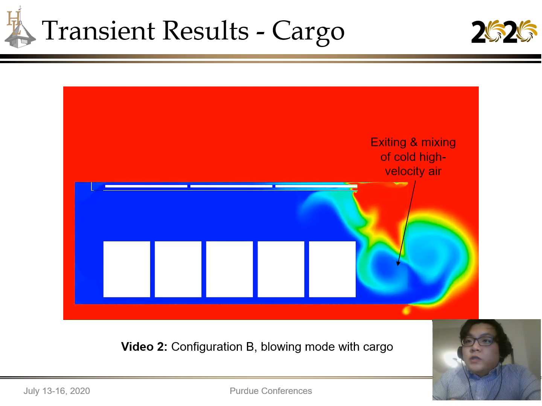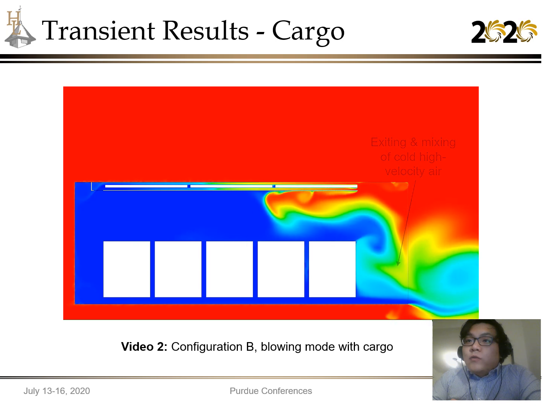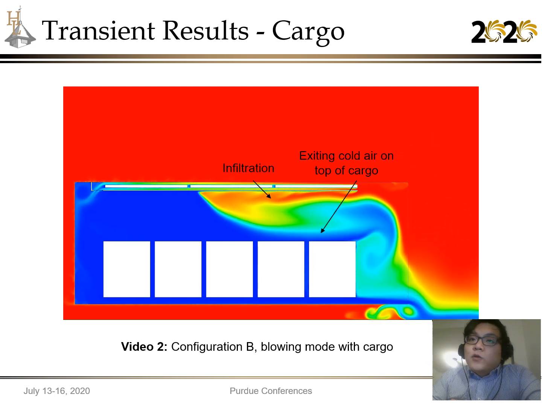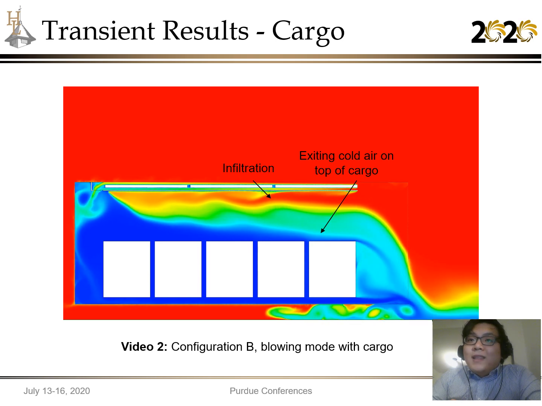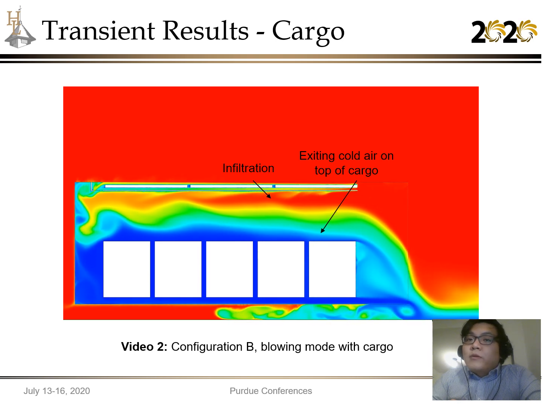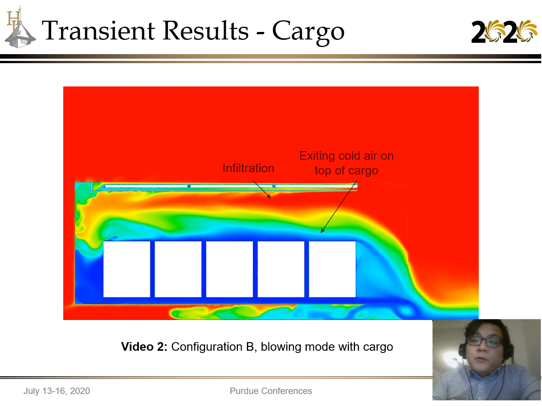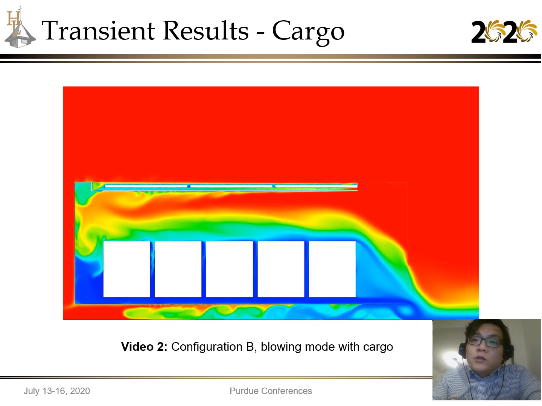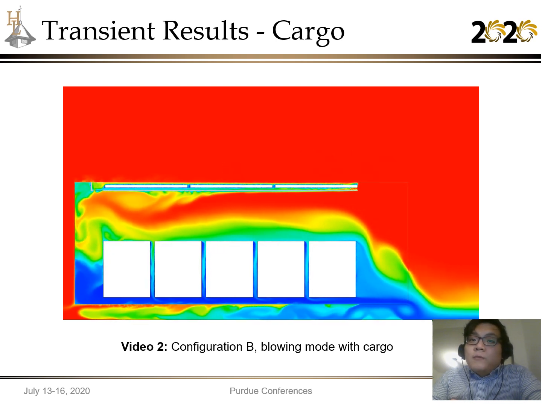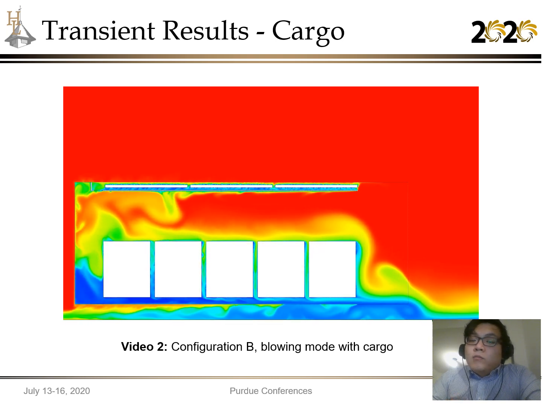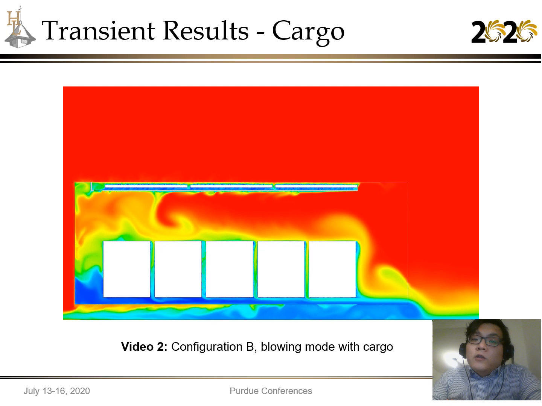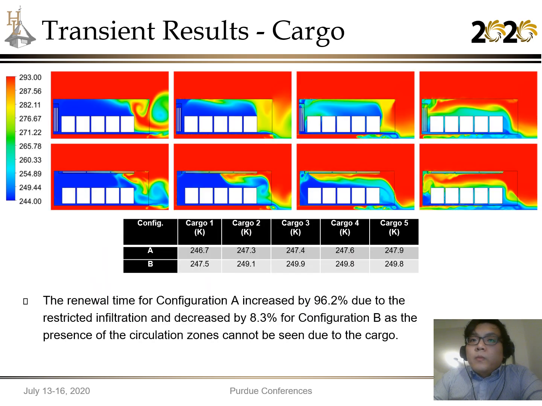As the door opens, you see an exiting and mixing of high velocity cold air, and you see infiltration through the top of the trailer, which is being limited by the exiting cold air on top of the cargo. For configuration B, due to the recirculation zones at the back of the trailer, due to the flow that's been deflected and blocked by the presence of the cargo, the temperature change decreases slower, at a later time than that of configuration A.